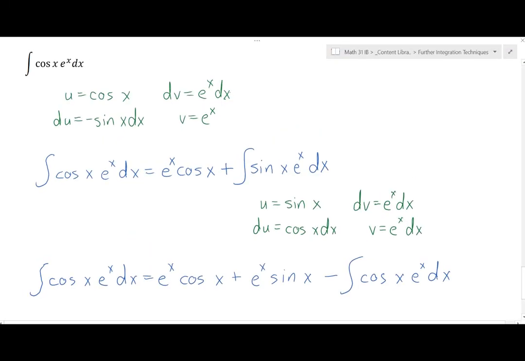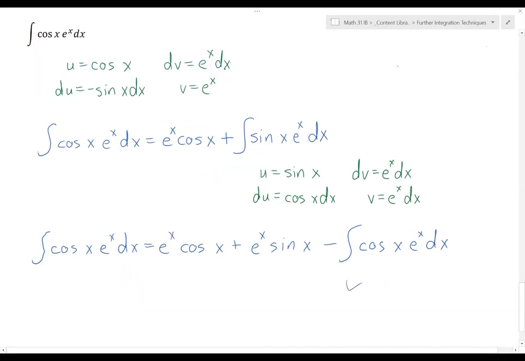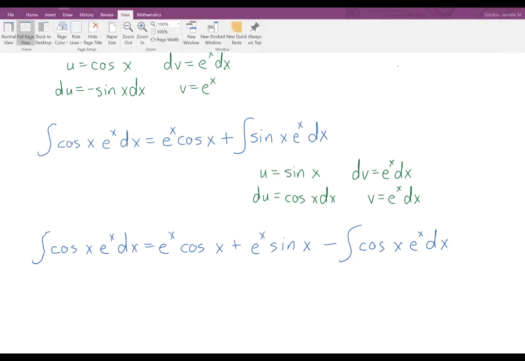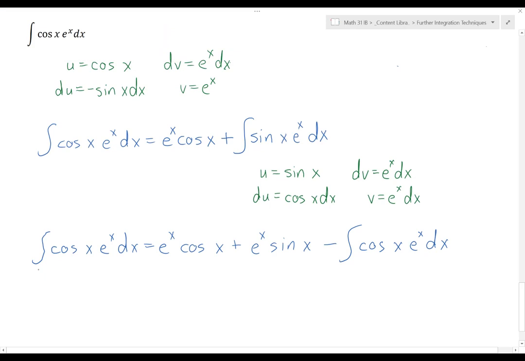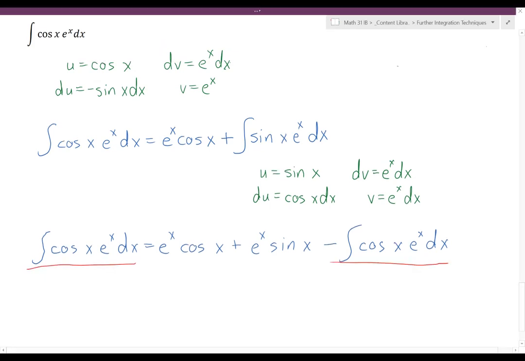Well, I can see pretty quickly that this is just going to take me on a variety of loops, essentially, because I'm just going to alternate between sine and cos, while the e to the x always stays where it is. But what I now notice, I'm back to my original integral.